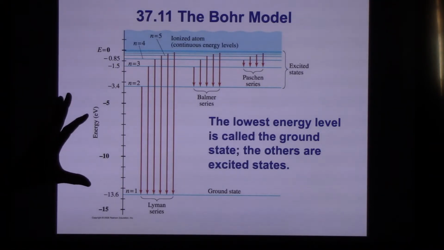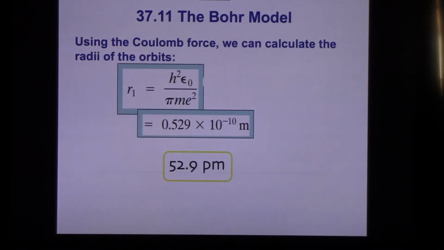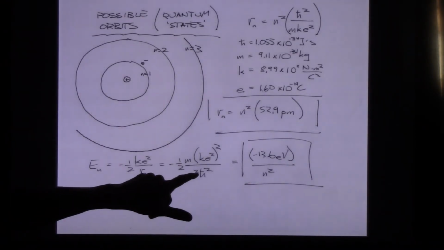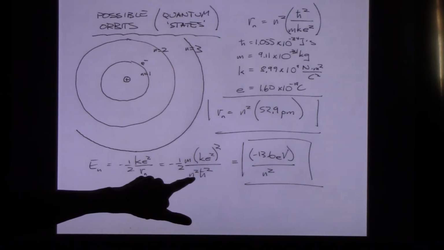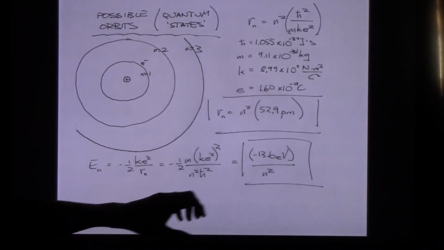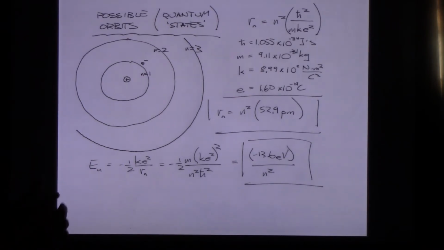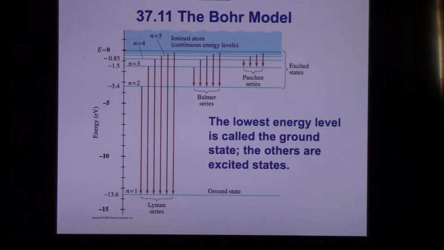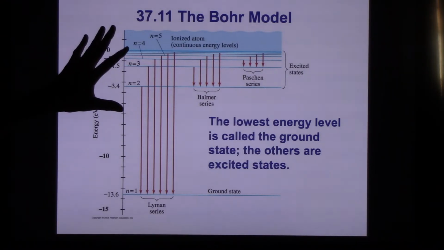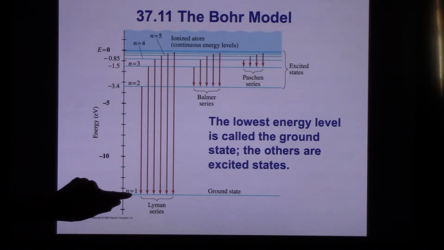Now, using this energy formula for the possible quantum states, where n is equal to 1 or 2 or 3, some integer, Bohr was able to calculate the energies, and here they are lined up. So this is the Bohr model. Down here is energy state number 1, at minus 13.6 eV.